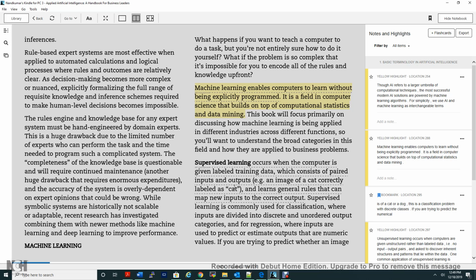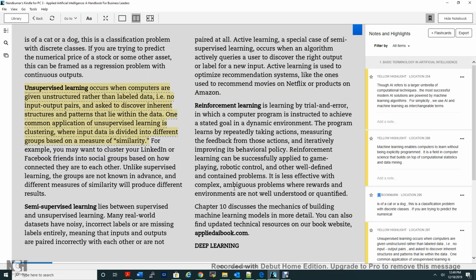These objects are correctly labeled, and that kind of input you provide in supervised learning. Unsupervised learning occurs when computers are given unstructured data, with no input-output pairs. The system discovers the pattern and recognizes this particular image.